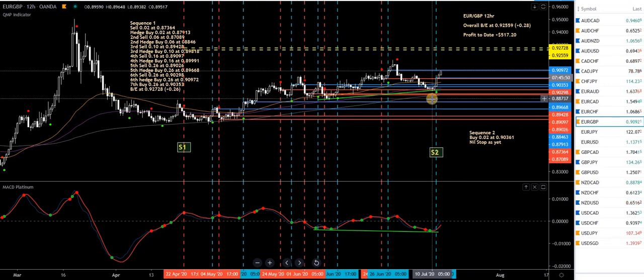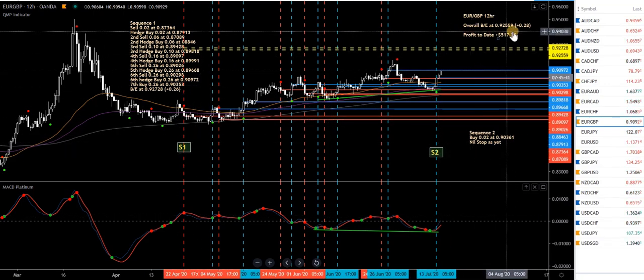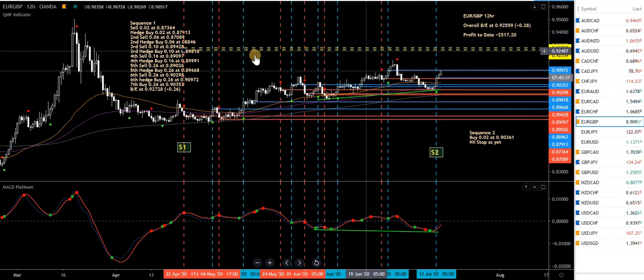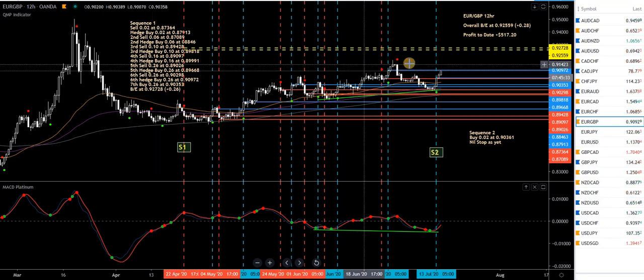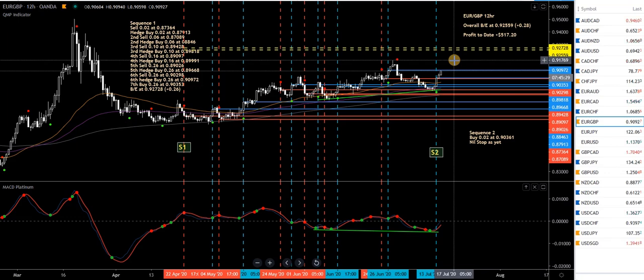So sequence 1, sequence 2, which now gives me an overall break even for all trades. So sequence 1 and sequence 2, you can see overall break even is at 92559, so it's up there, and the break even for sequence 1 is 92728, which is the top yellow line. So we're heading in the right direction at least.